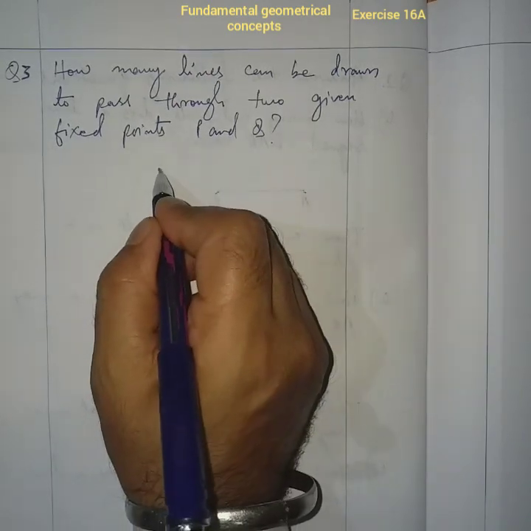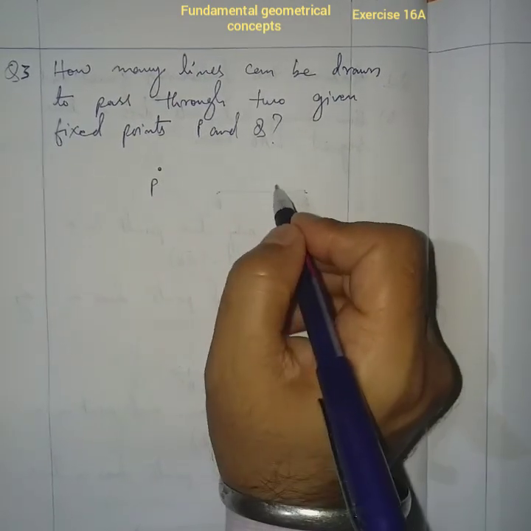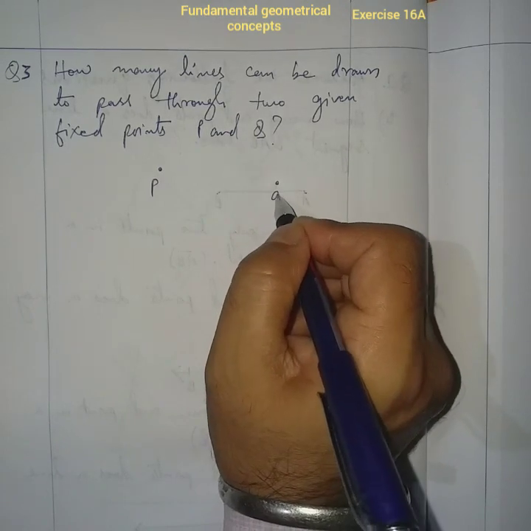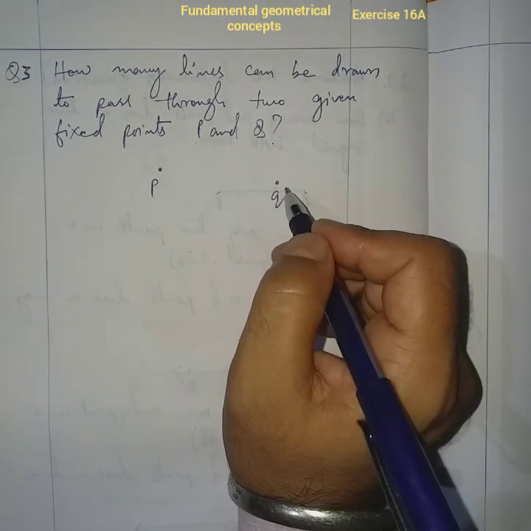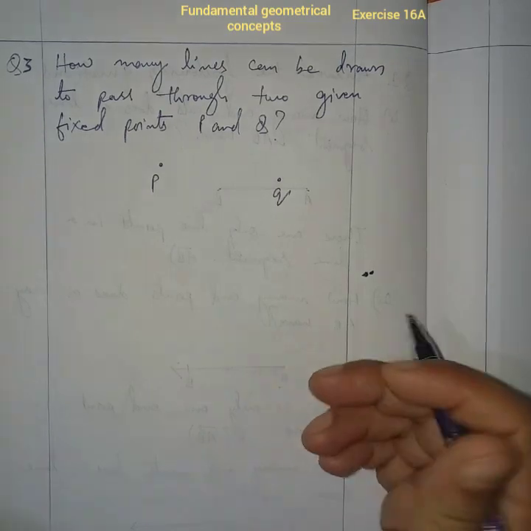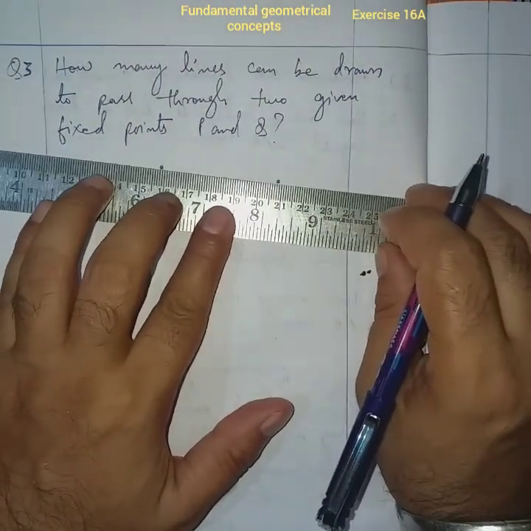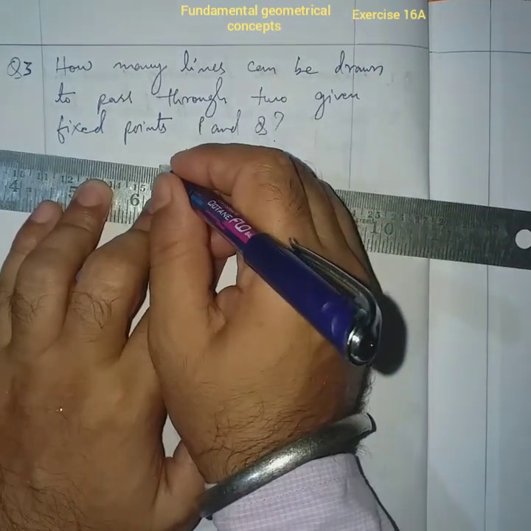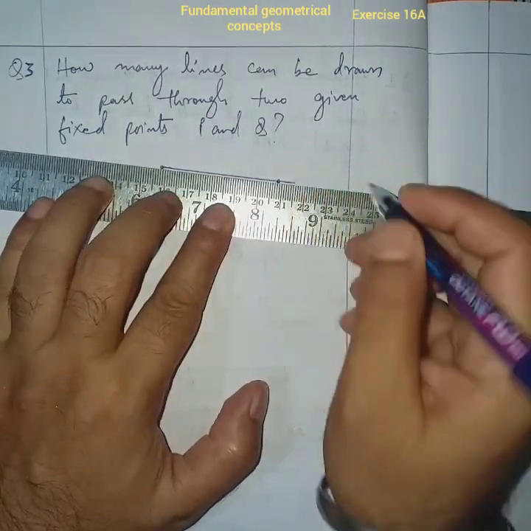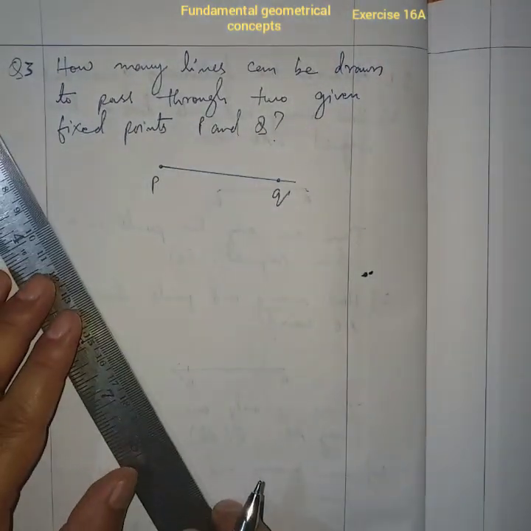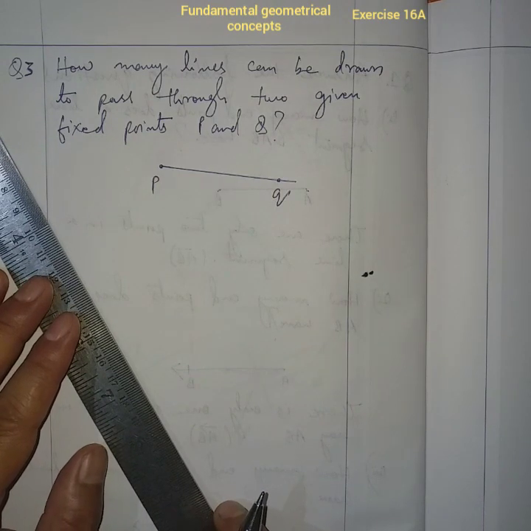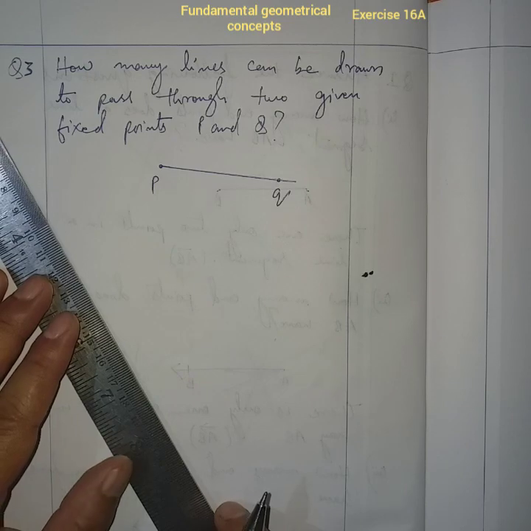Suppose here one point P, another point is here Q. Okay, so let us join these 2 points, okay, by a line. So we can say that only one line can be drawn through these 2 points, isn't it?